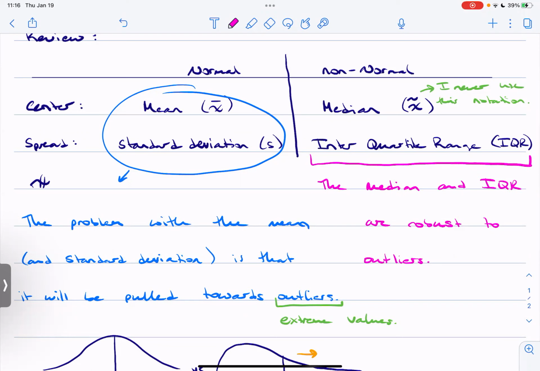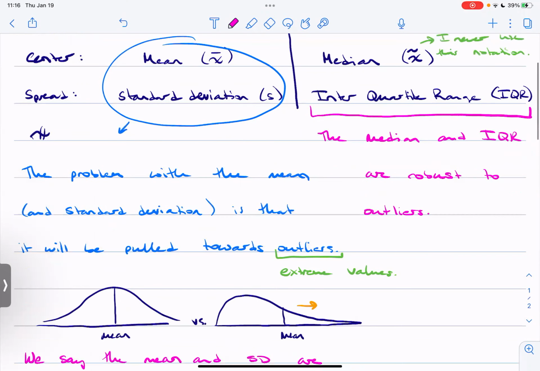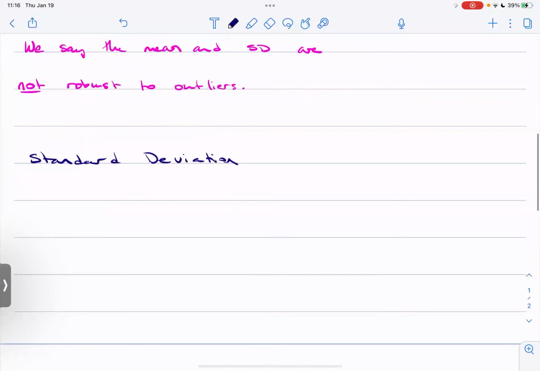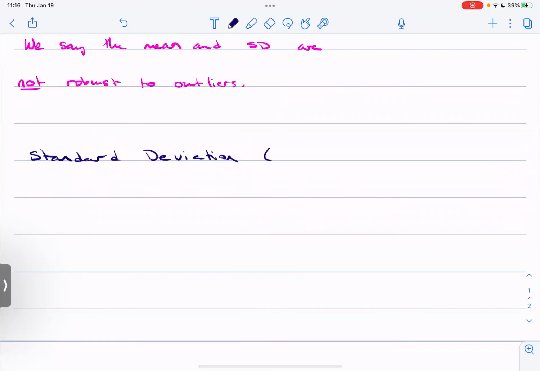Okay. So the standard deviation, which is where it gets a little bit weird. When I talk about the standard deviation just as the words, I abbreviate it SD.